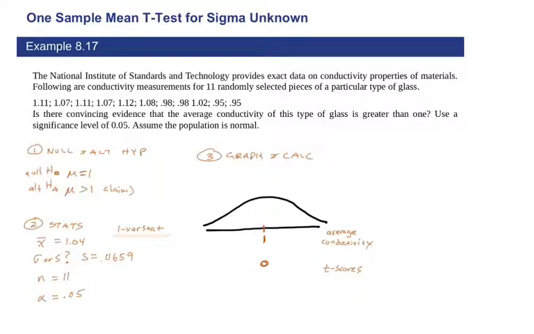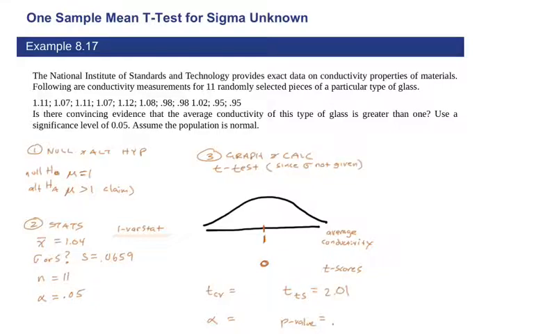But if we're talking t-scores, right smack in the middle is going to be 0. We want to make sure what we're looking for is our t critical value and our alpha, those two go together, and then our t-test statistic and our p-value, and those two are going to end up going together. We're using a t-test here since sigma is not given.